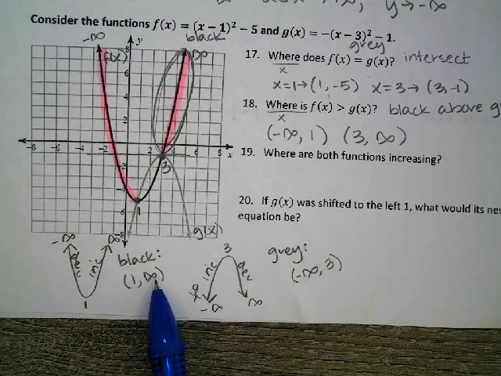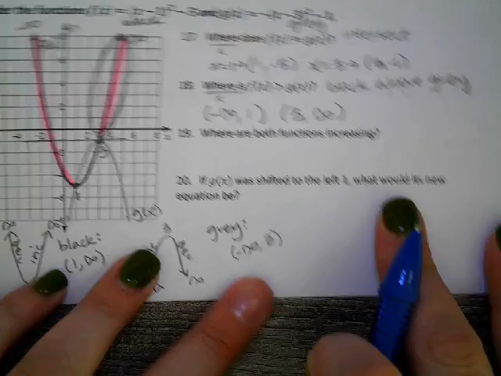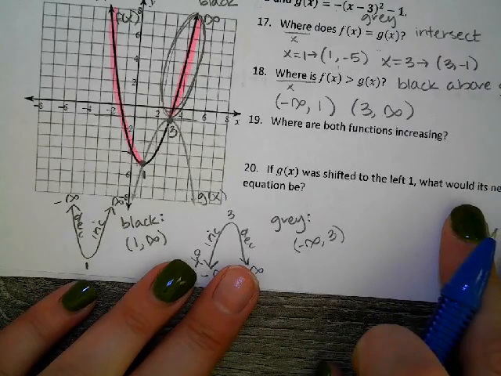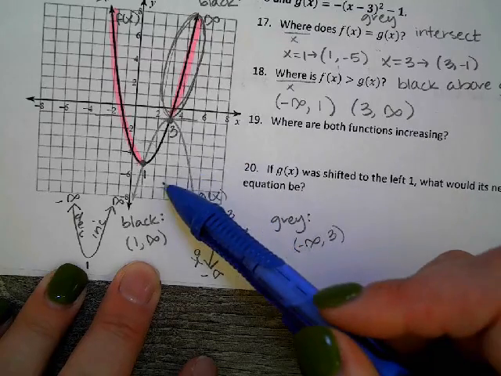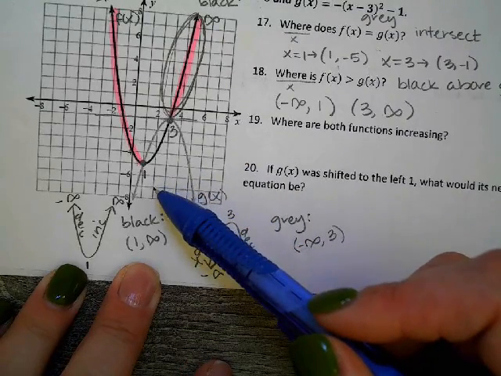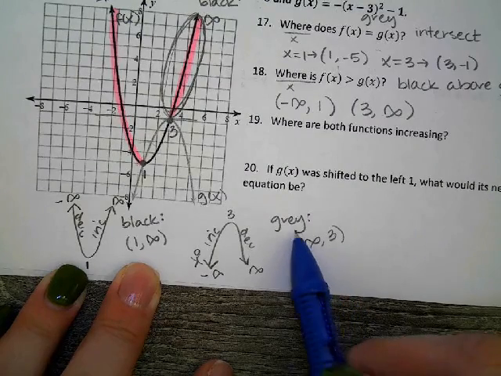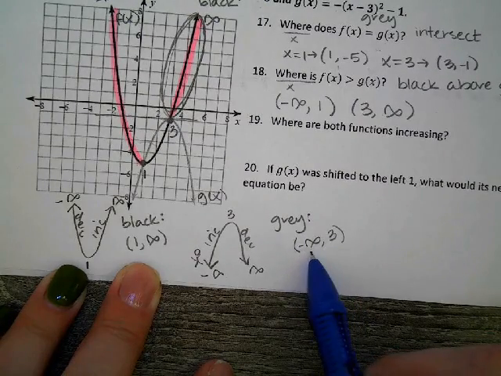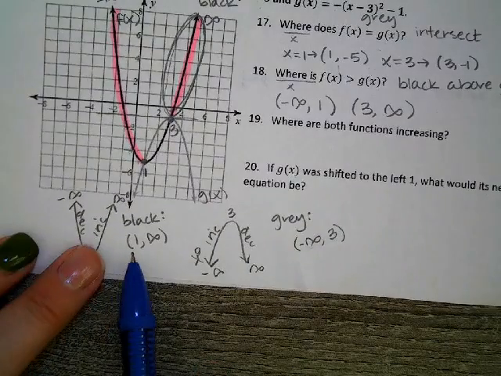Not very much overlap there. You might be able to see it here. So the gray graph is only for all of their negative numbers, and then 0, 1, 2, and 3. The black graph is increasing from 1 to all its positive numbers.